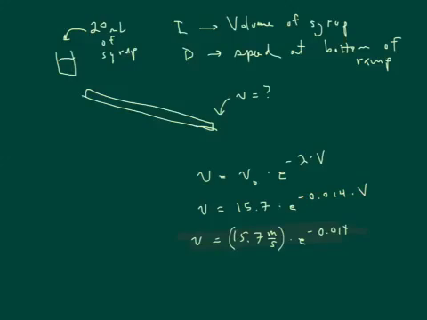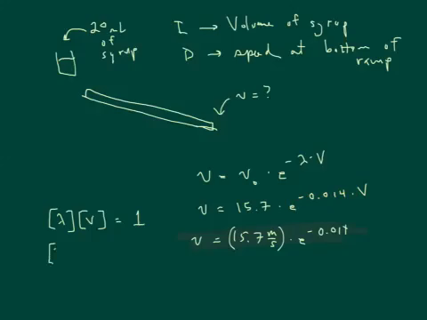What about lambda? What are the units for lambda? Negative 0.014. Well, any exponent, including this exponent right here, has to have no units on the whole. So when I multiply everything out, it can't have any units. Which means that the units of lambda times the units of volume equals 1, something with no units.